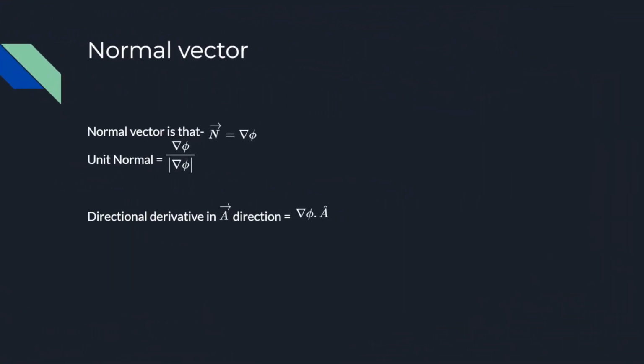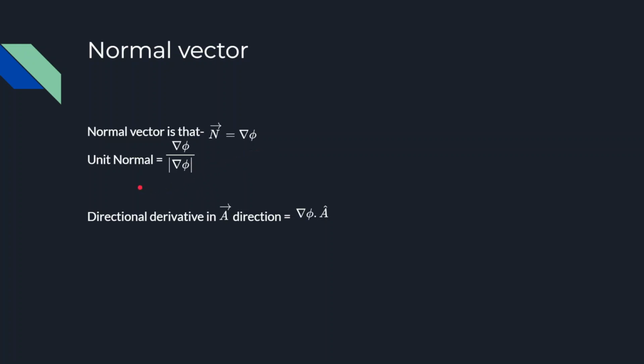Also, to solve some of the problems, we need to know three very important things. A normal vector is simply the gradient of that function. We'll learn it in the physical interpretation part.